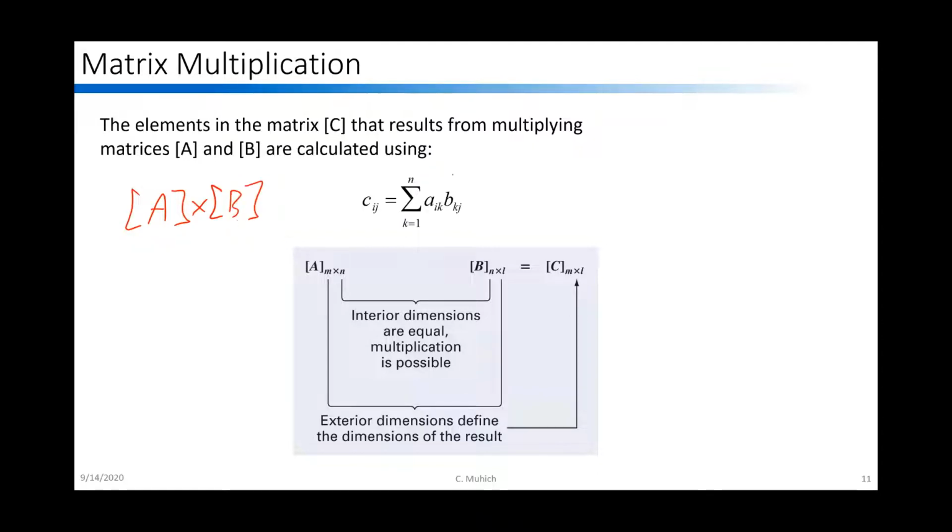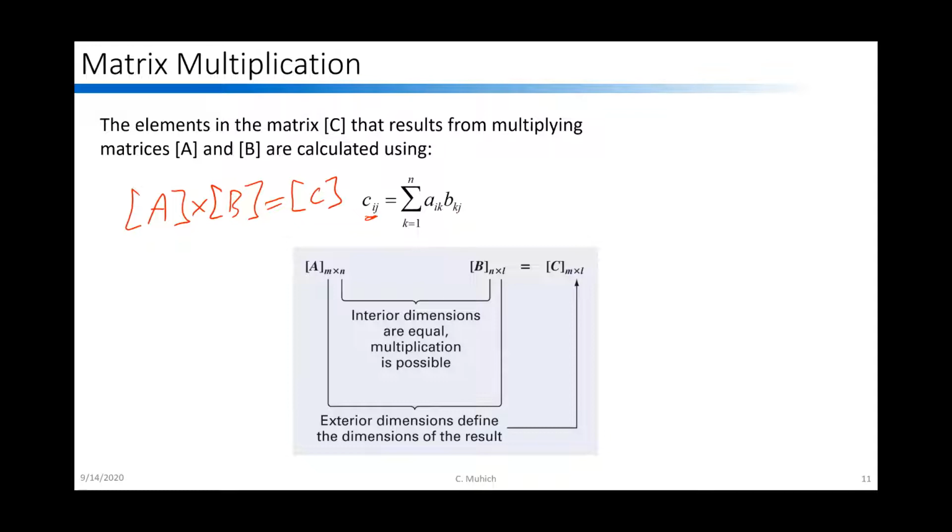We'll get into it in a second, but this is going to give us a matrix C, where each element Cij is equal to the sum from k equals 1 to n of aik times bkj.